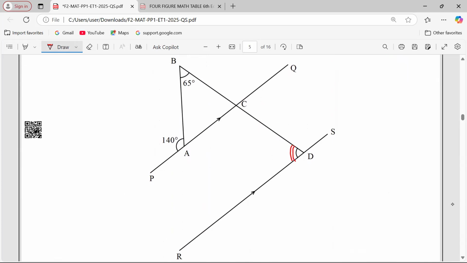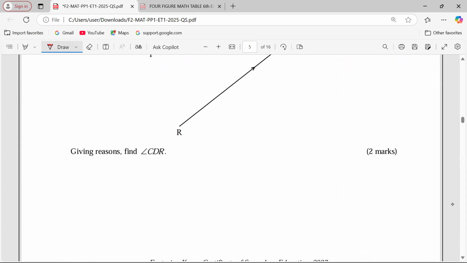So according to the diagram, this being a straight line, then we can find 40. Then after finding 40, we can also find the angle at this point. It's 40 because angles along a straight line must add up to 180, and already we are having 140. Therefore, the other side becomes 40. Then we should talk about the angle at C, which is BCA.